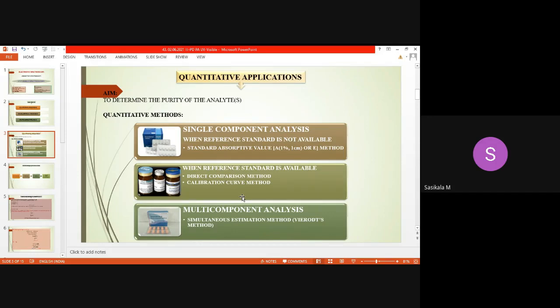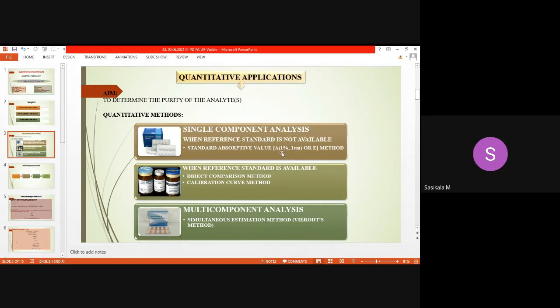When it comes in the practical, we'll see briefly what the A1% 1 centimeter method is, what direct comparison is, and what the calibration curve method is. For single component analysis, there are 3 methods. When a reference standard is not available, we go with the standard absorptivity value method, or A1% 1 centimeter method.